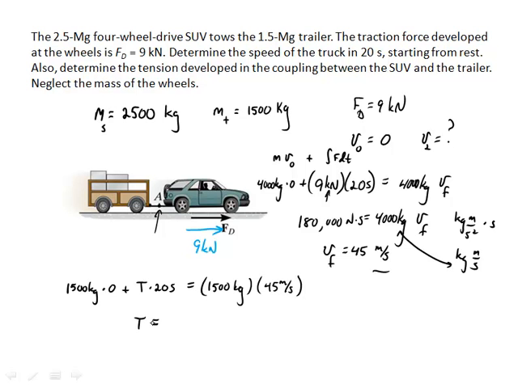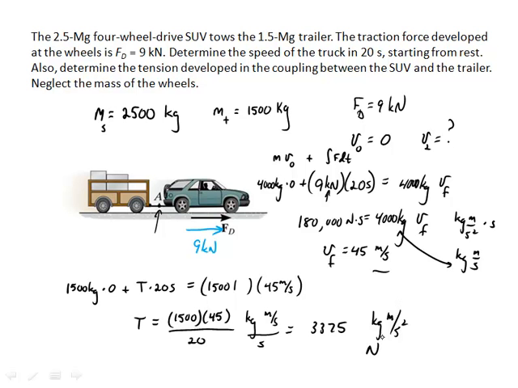And so my tension would equal 1,500 kilograms, 45 meters per second over 20 seconds. So I have kilograms, meters per second over seconds, and that's going to be kilograms meters per second squared, which is a newton. So my units are correct, and I get 3375 newtons, or 3.375 kilonewtons.